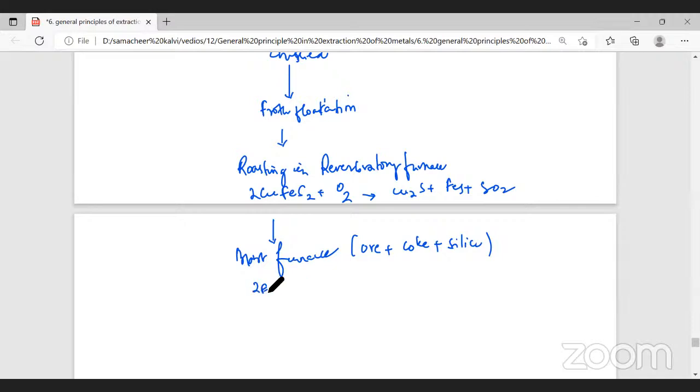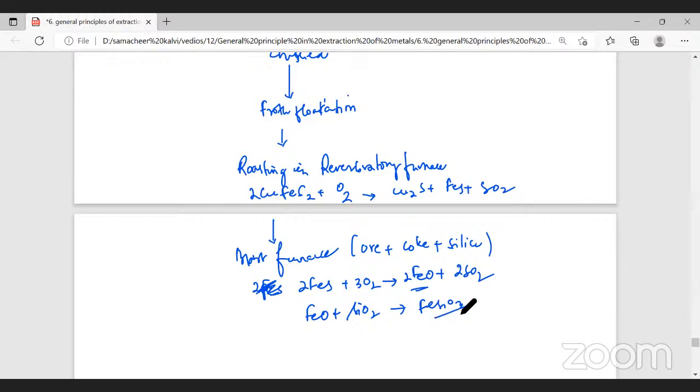The iron sulfide, FeS, will get oxidized to iron oxide, giving you sulfur dioxide. Likewise, this iron oxide which is formed will react with sand, silicon dioxide, to give iron silicate. It gets eliminated as a slag.